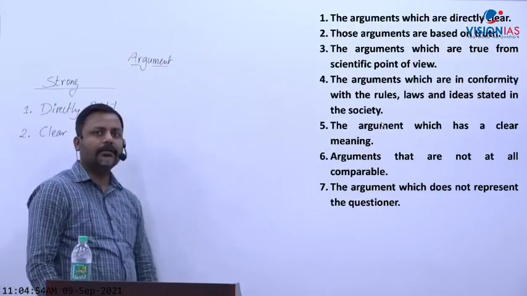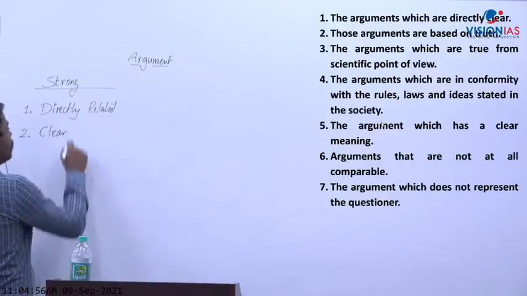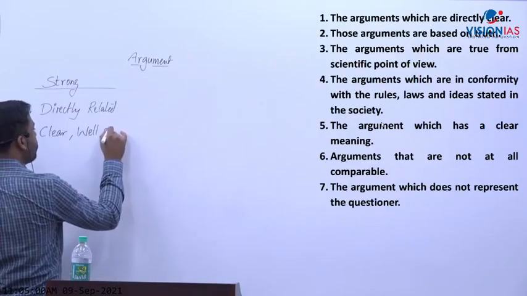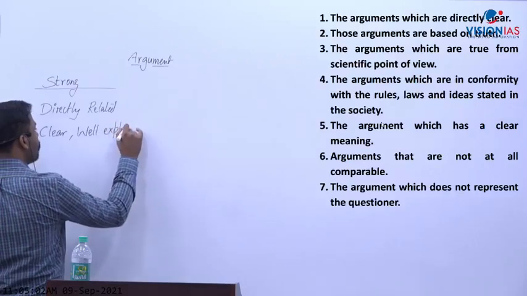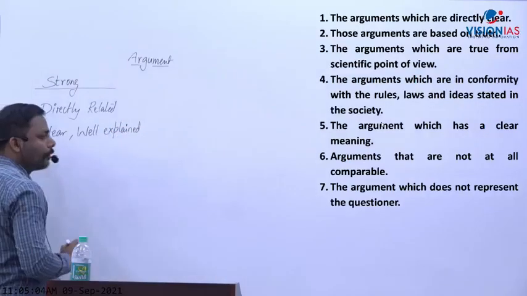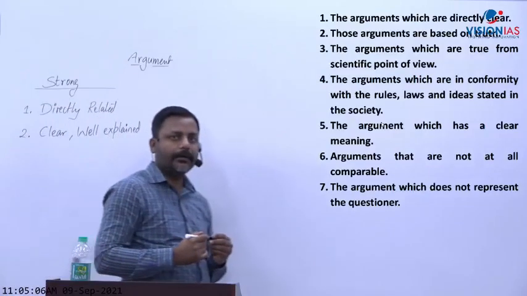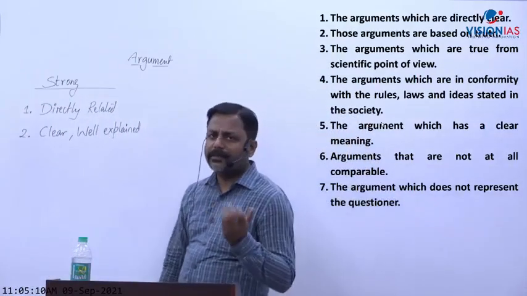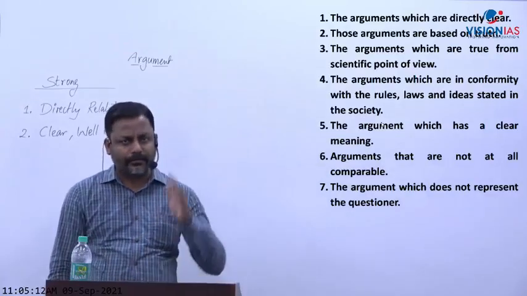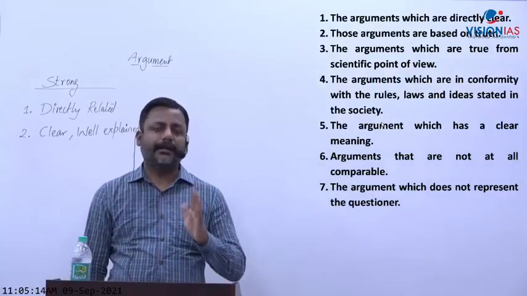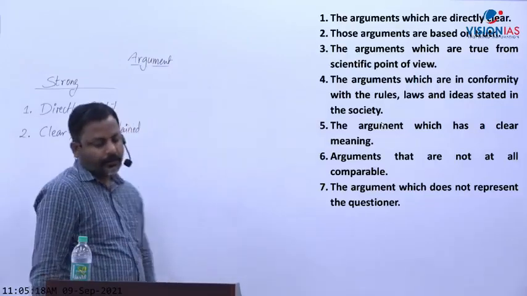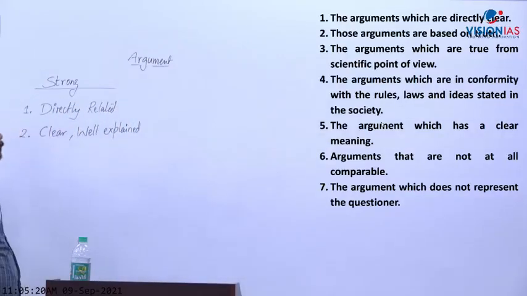Or you can say the argument should be well explained also. If the argument is not well explained, or you can say ambiguous, we cannot consider that particular argument as a strong argument. So it should be clear and well explained.